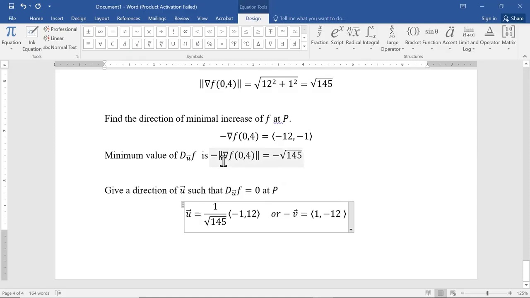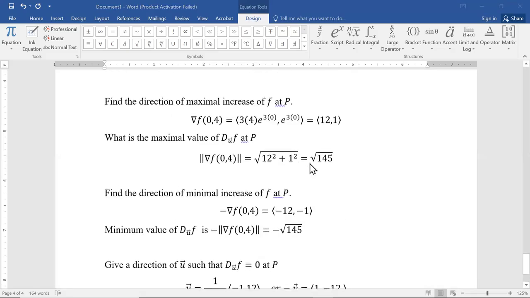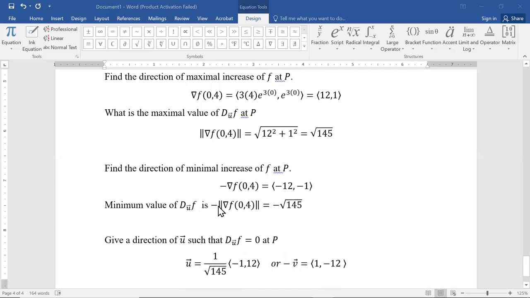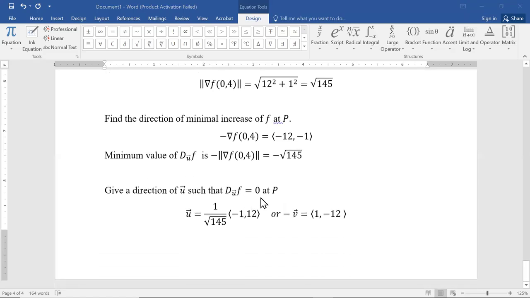So there you go. That's how we can find the direction of maximum change, the direction of minimal change, and the direction of no change.